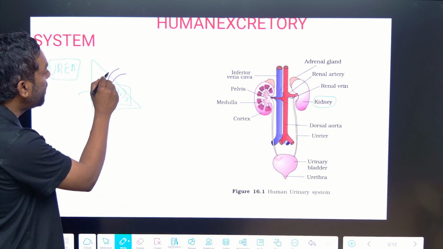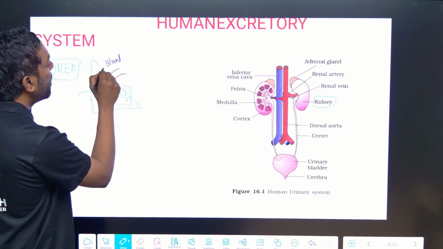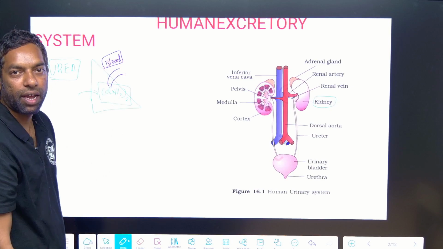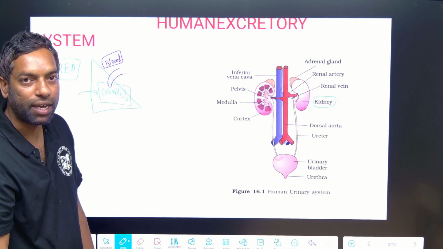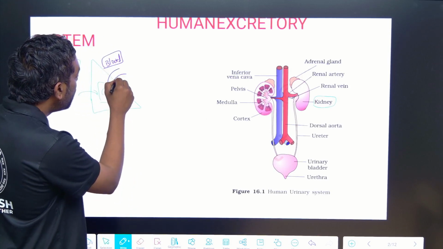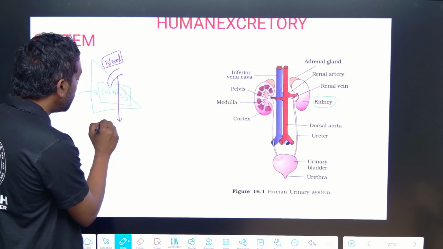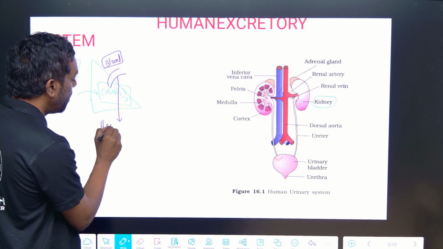That urea enters into the blood, guys. Blood is the ultimate carrier of any material in the body. The blood vessel linked to the liver we call the hepatic vein.